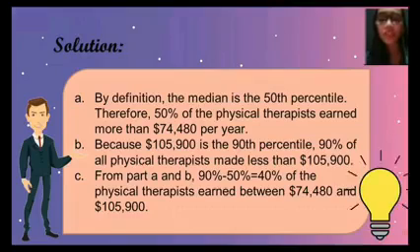So we subtract 90% minus 50%, which is equal to 40. So 40% of the physical therapists earned between $74,480 and $105,900.